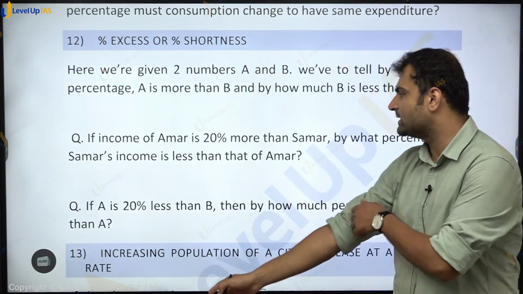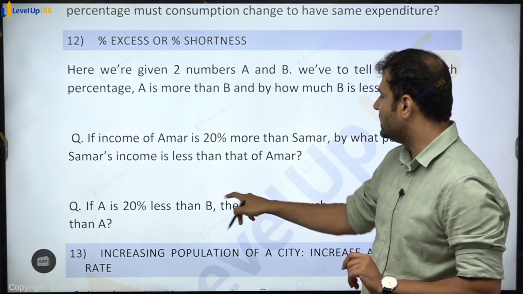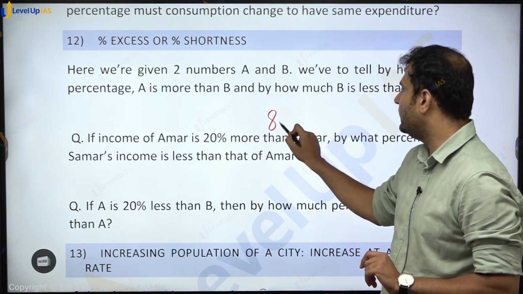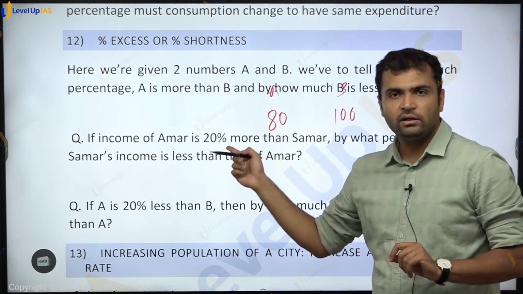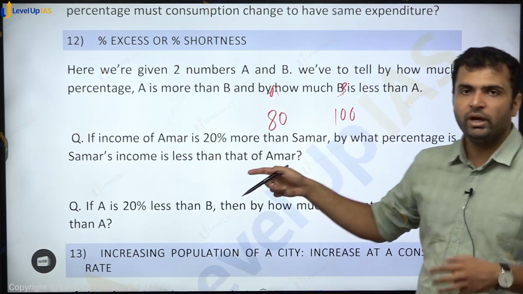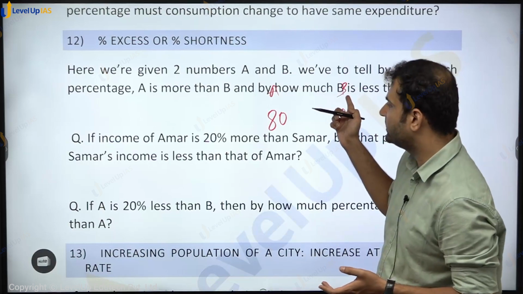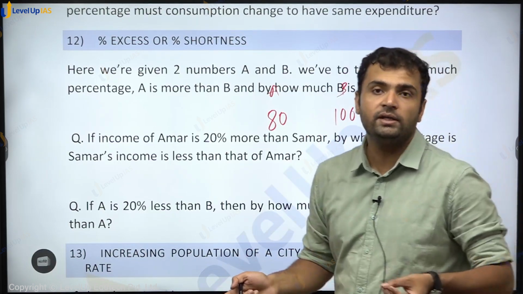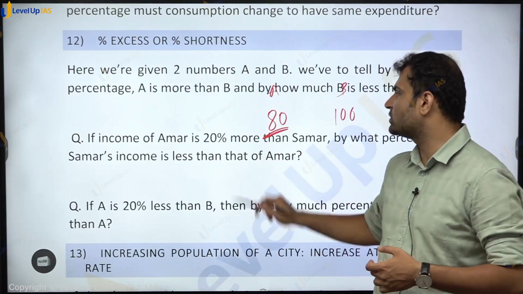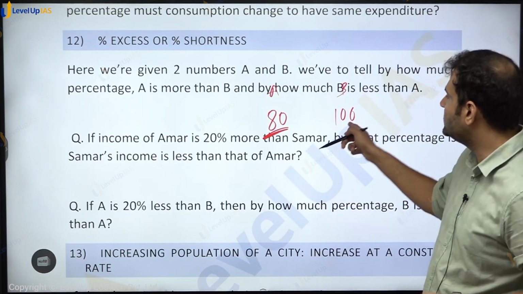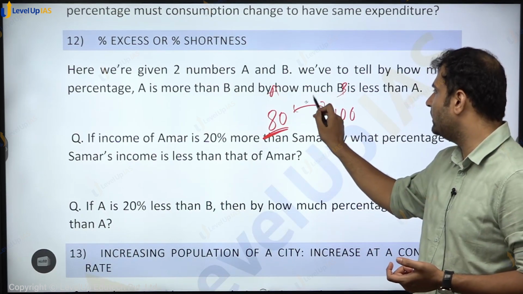A is 20% less than B. Then by how much percentage is B more than A? If A is 20% less than B, so if B is 100, then A is 80. Right? A is 20% less than B. So from B's perspective, A is at 80, B is at 100. But now if I look at it from A's perspective, from 80's perspective, by how much is 100 more? In absolute quantity, it is 20.